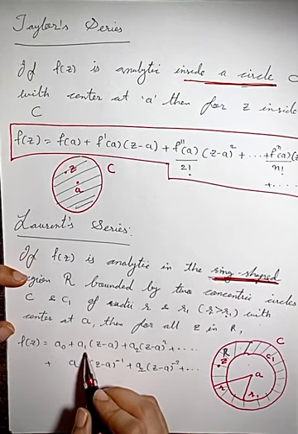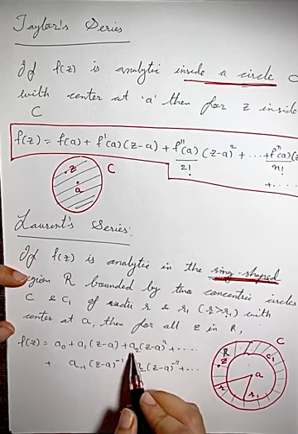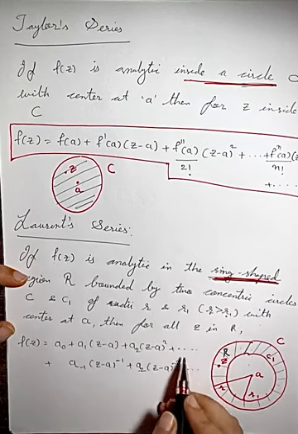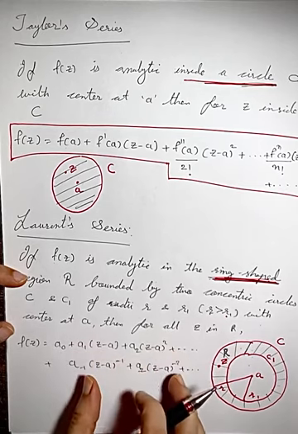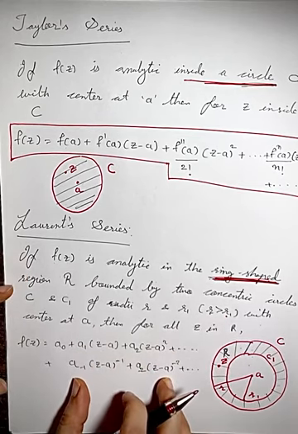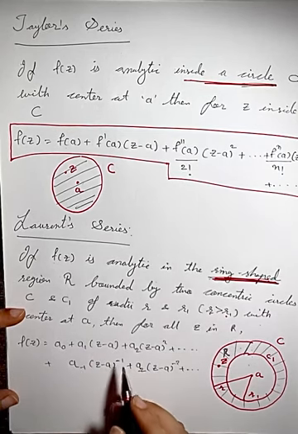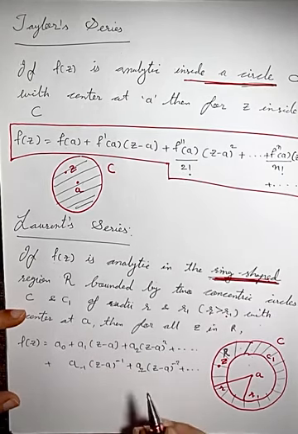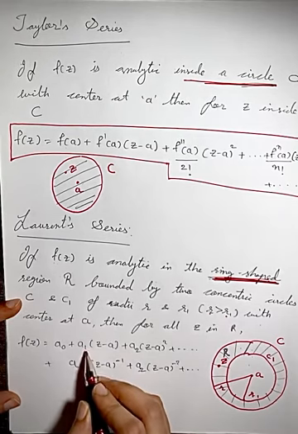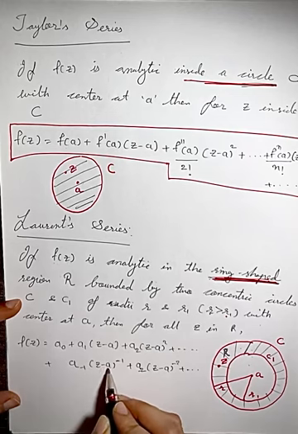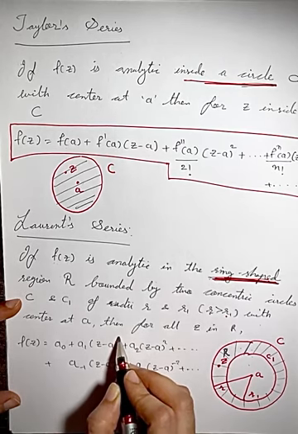a0 plus a1 into z minus a plus a2 into z minus a squared, and so on. This is the first string, but the Laurent series also includes a second string, which is similar to the first one. The difference is that the powers are this time negative. Compare these two terms: this is a minus 1 into z minus a to the power minus 1, whereas here it was z minus a to the power 1.